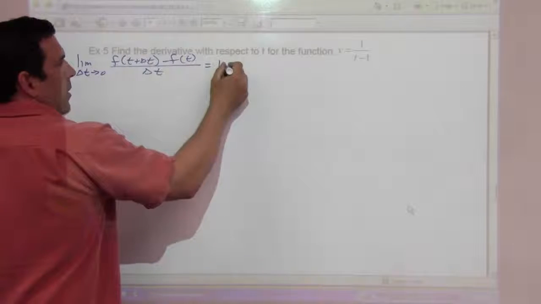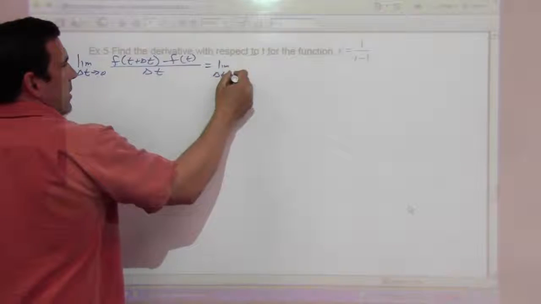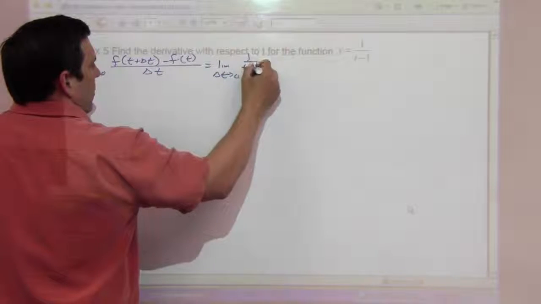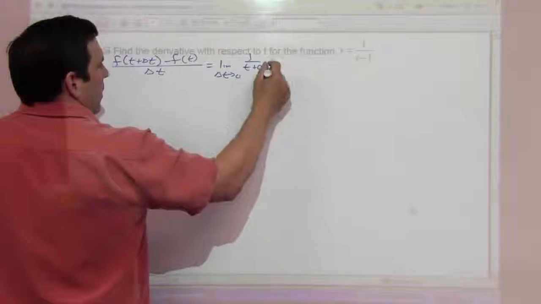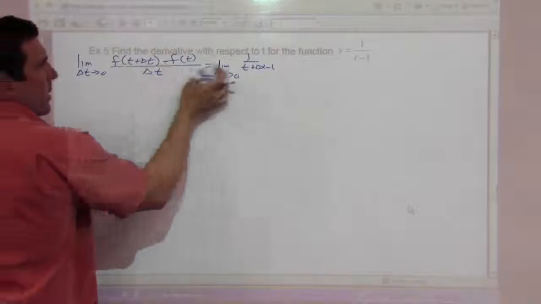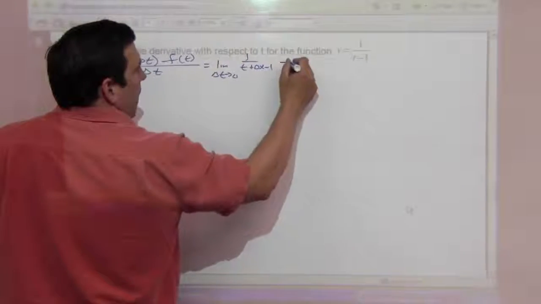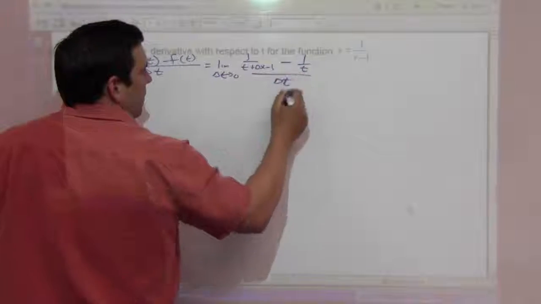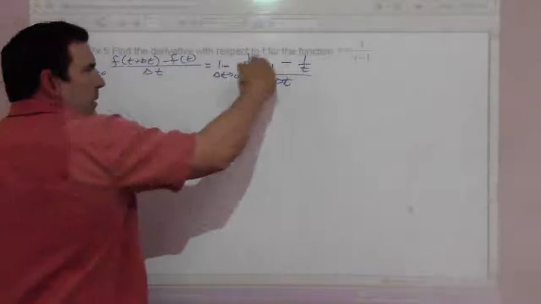So we have the limit as delta t goes to 0 of 1 over t plus delta t minus 1. So that is to say the t plus delta t went down here, minus 1 over t minus 1, over our delta t. We need to combine these.